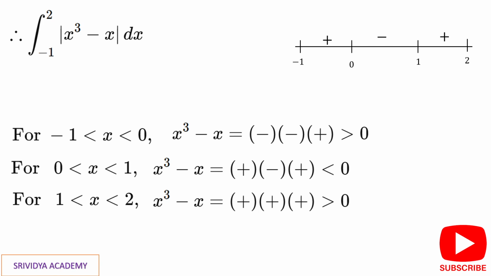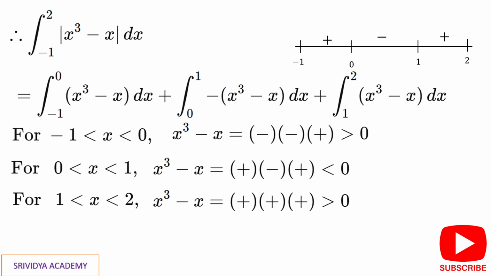Now let us split the given integral from minus 1 to 2 of modulus of x cube minus x. In the first interval, minus 1 to 0, we have seen that x cube minus x is positive. That is why modulus of x cube minus x is nothing but x cube minus x. In the second interval, from 0 to 1, it is negative. That means modulus of x cube minus x is taken as minus of x cube minus x.